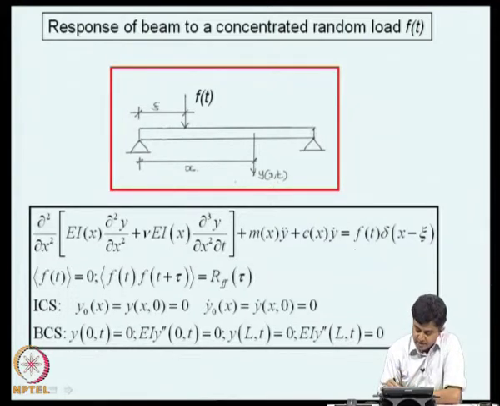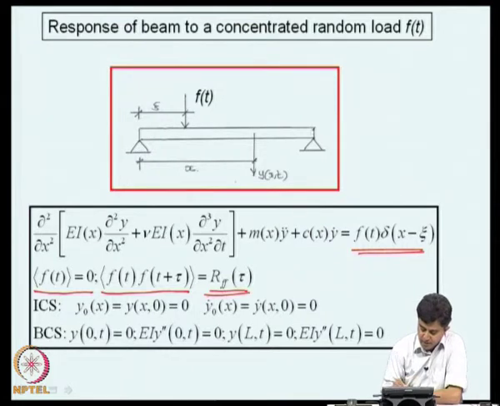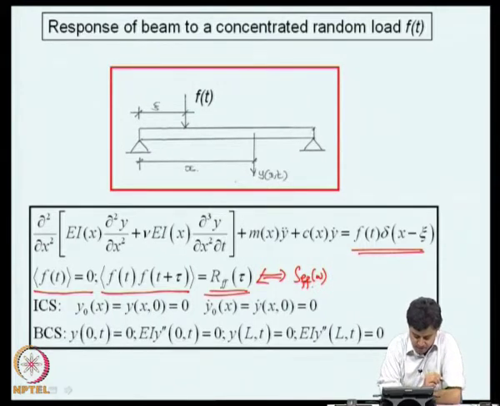So, the governing equation remains the same, this is a sample equation for sample of f of t, and this f of t itself we assume that its mean is 0 and it is a stationary random process with autocovariance function RFF of tau, and associated with this we have the power spectral density function SFF of omega. We assume that the system starts from rest and the boundary conditions as appropriate are mentioned here.